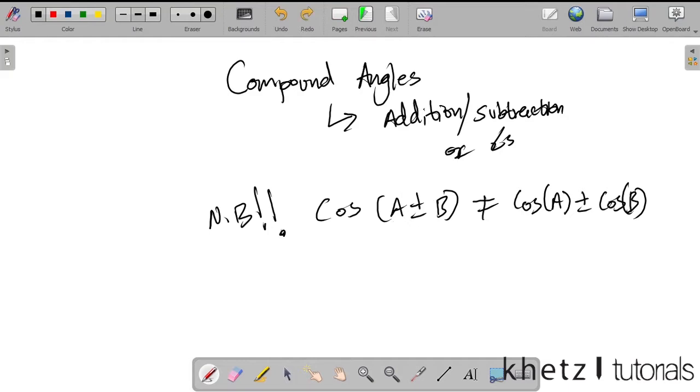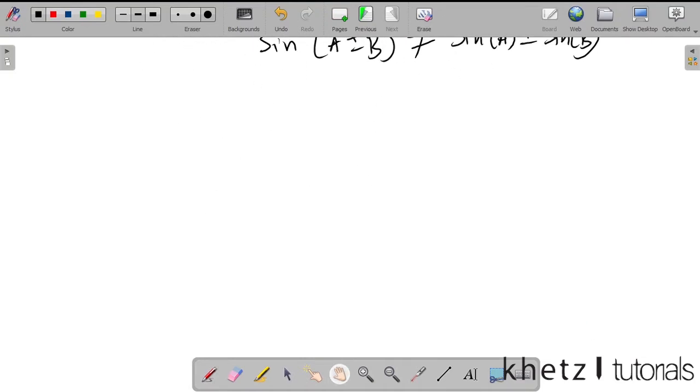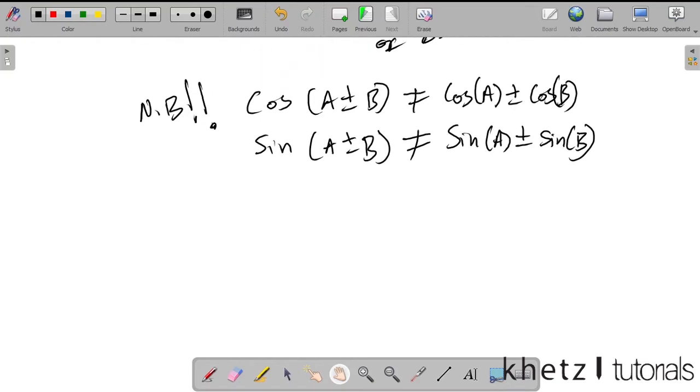The same applies for sine: sine of a plus or minus b is not the distribution of that function to each of the angles. You actually have proven formulas for each of the above.